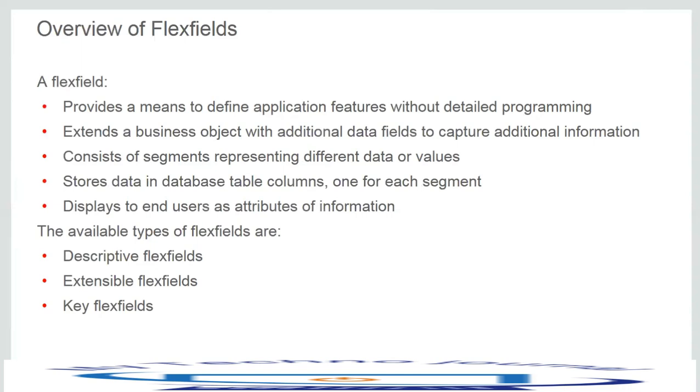In case the standard attributes are not meeting the requirements and you need some custom attributes, then you need to make use of these flex fields. It extends a business object with additional data fields to capture additional information. It consists of segments representing different data or values.